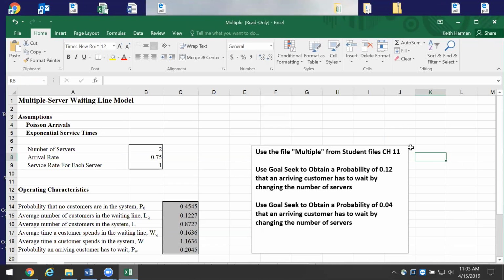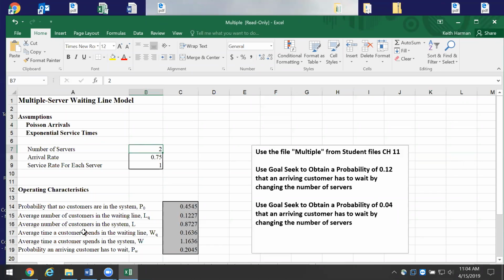What I'm going to ask you to do is to use Goal Seek. Obtain a probability of 0.12 that an arriving customer has to wait by changing the number of servers. So we're going to change the number of servers and try to obtain a probability that the arriving customer has to wait.